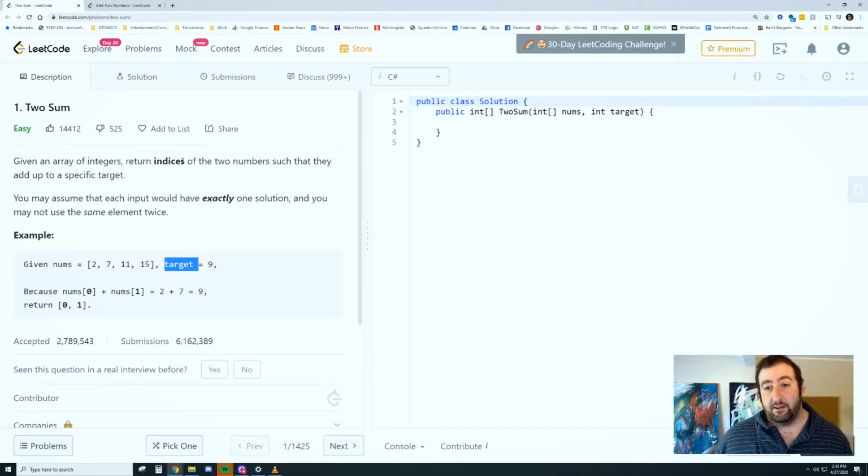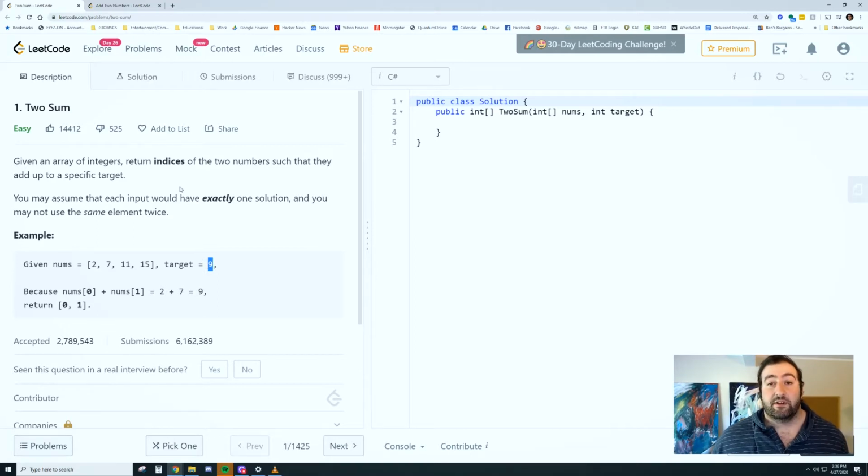Two of these numbers in this array add up to our target value. So we should be able to find exactly two numbers that add up to our target. In this case, 2 and 7 will definitely add up to 9.